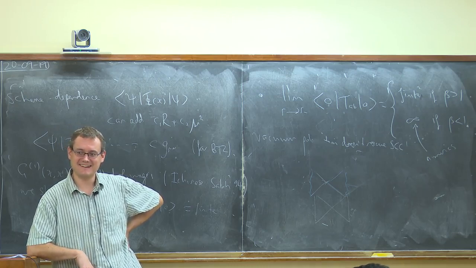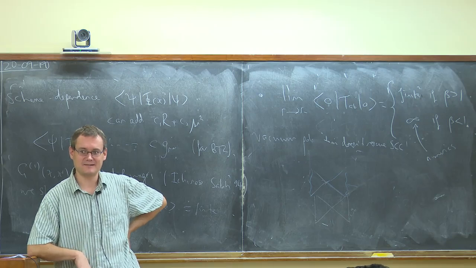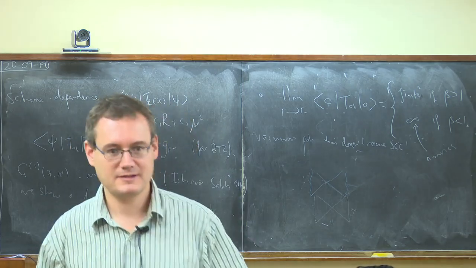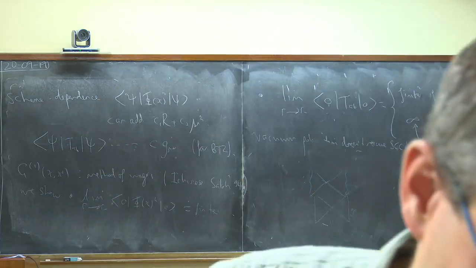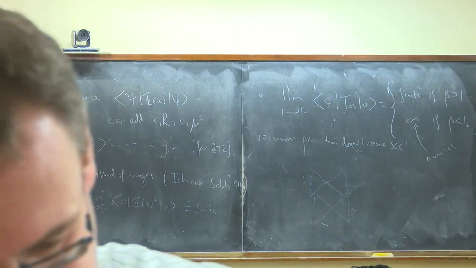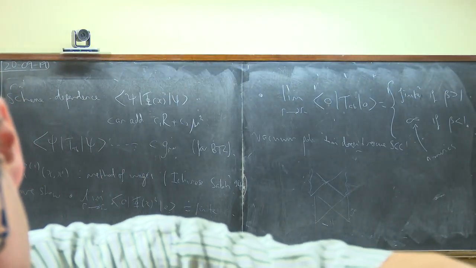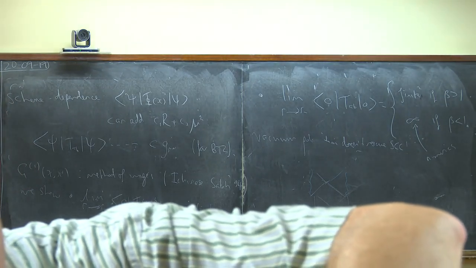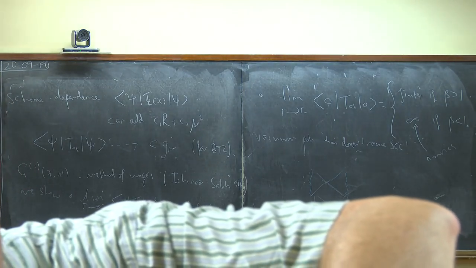So Subrat, for the thermofield double, is there a CFT calculation, no matter how hard, that in principle one could do that would throw light on this issue?